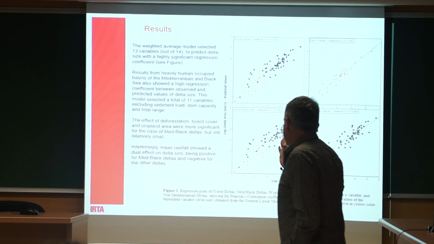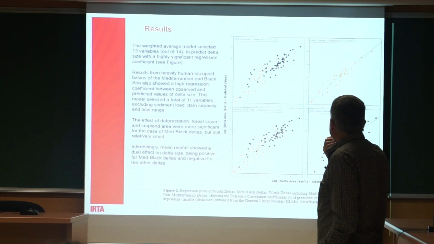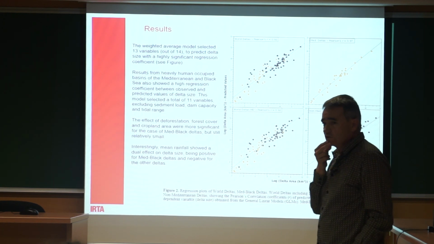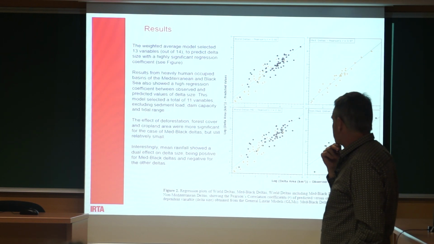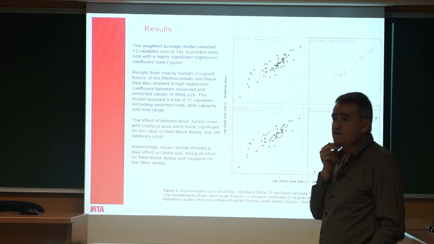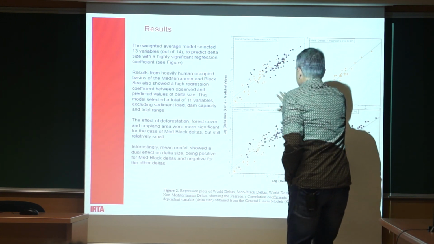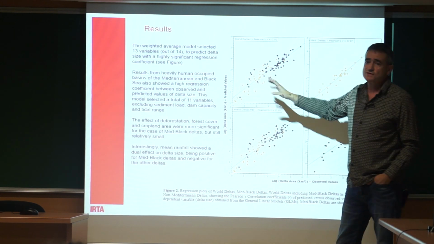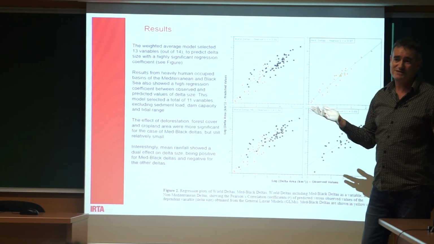And that's the observed versus predicted, and the error is always very low, so the model is able to explain very well the dependent variable, in this case delta size. And in yellow color would be the Mediterranean and Black Sea deltas, which tend to be in this part of the graph because they tend to be smaller, like for instance compared to the Asian deltas, right?